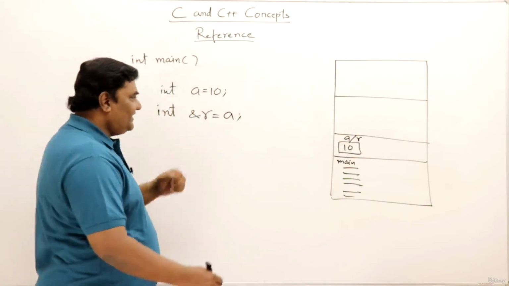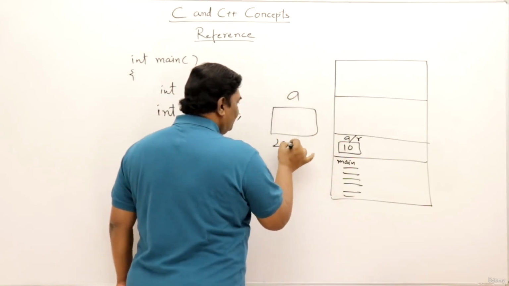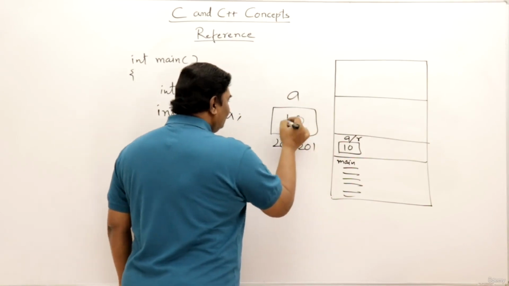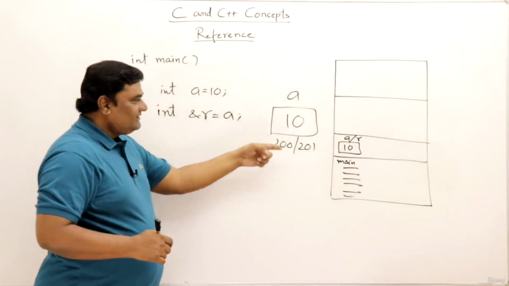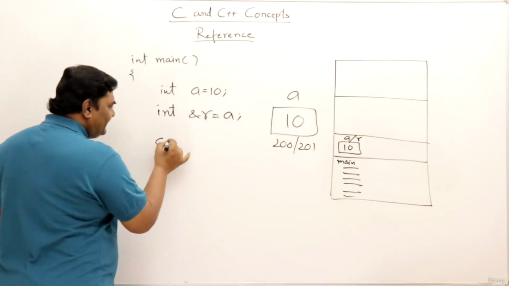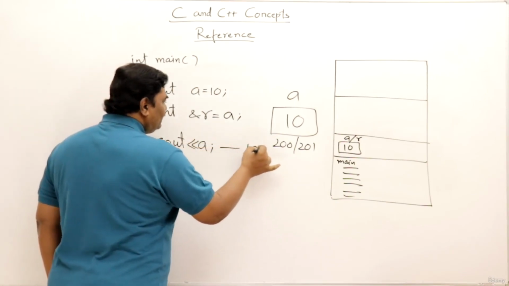It means if that variable A is occupying 2 bytes of memory, let us say 200 is the address, and 201, 2 bytes, and value 10. Now what is the address of A? 200. What is the address of R? That is also 200. So if I print using cout A, I'll get the value 10.